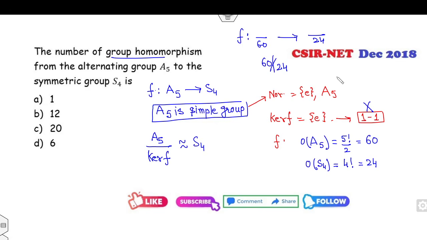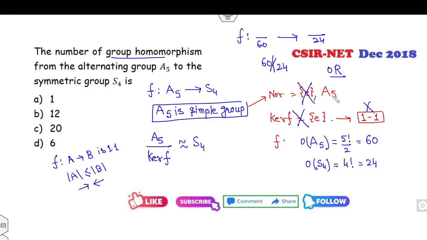The second way is, we all know that when a function f from A to B is one-to-one, then the order of A must be less than or equal to the order of B. But you can see the order 60 is greater than 24, so that is not possible. That means the function is not one-to-one. If it is not one-to-one, the kernel of f is not the identity.